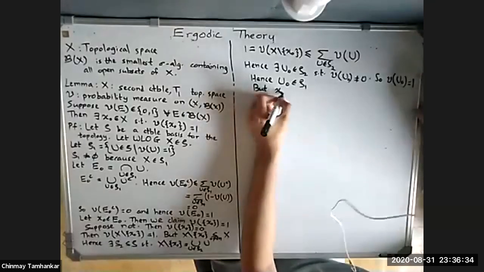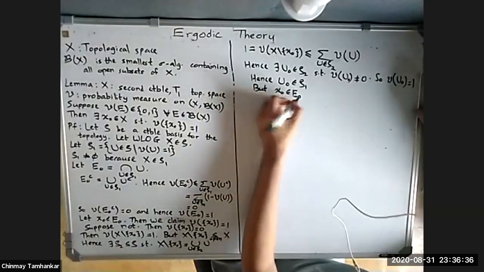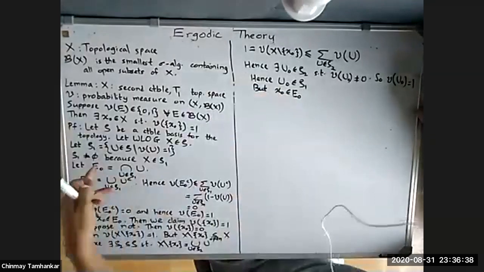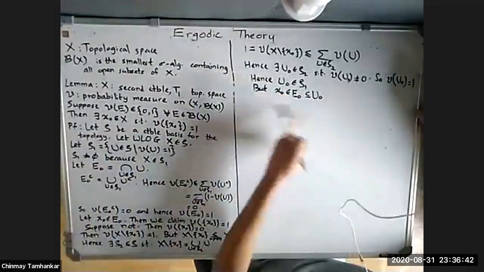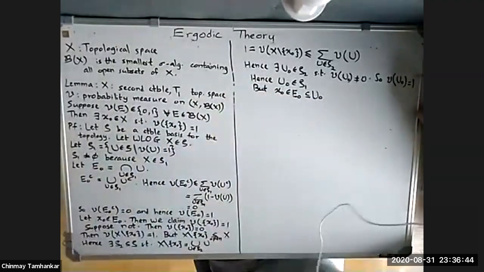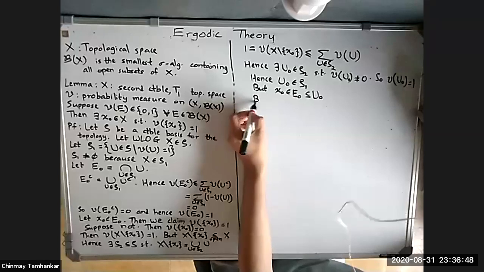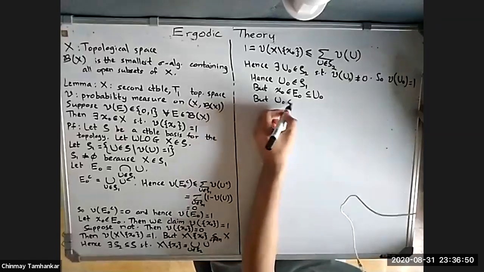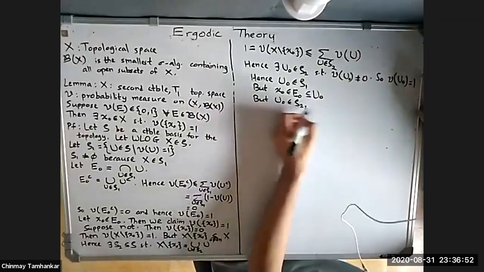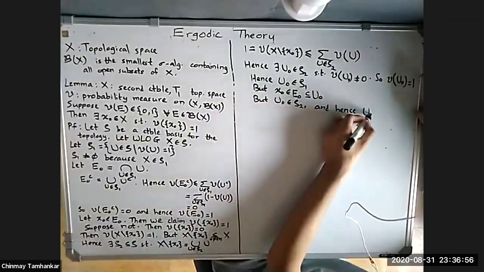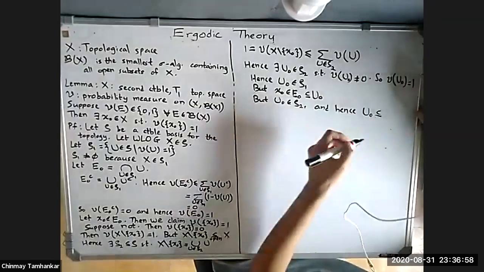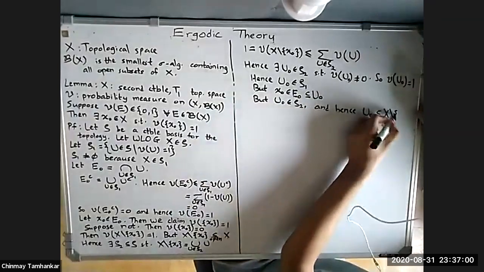But x naught is in E naught, which is the intersection of everything in S1. So hence E naught will be a subset of U naught. So x naught is in U naught. But U naught is in S2, and hence U naught is a subset of X minus x naught.